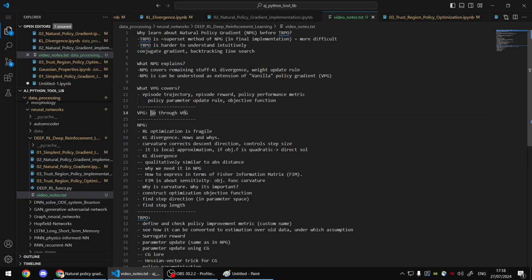Let's briefly cover in these notes what we've talked about. We've covered the basic concepts of vanilla policy gradient. I've tried to convey the idea of what happens with neural network weights, how it depends on rewards, and that the weights are nudged proportionally to rewards, well, along a gradient.